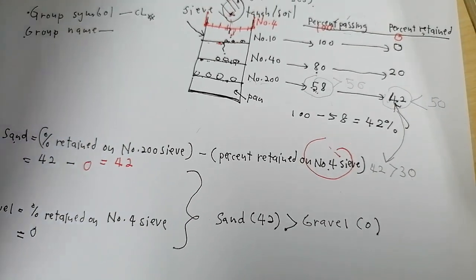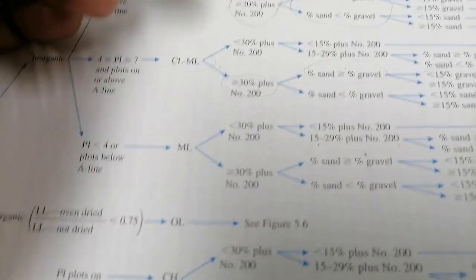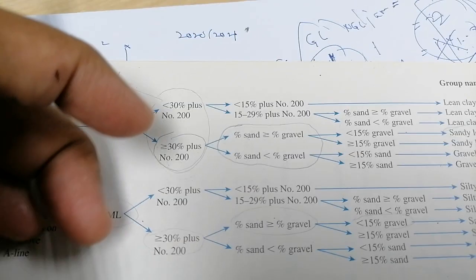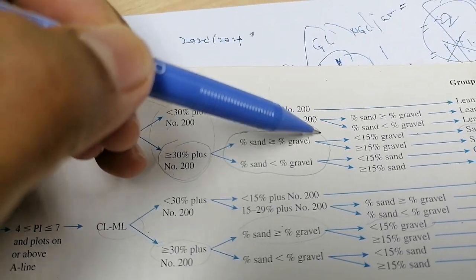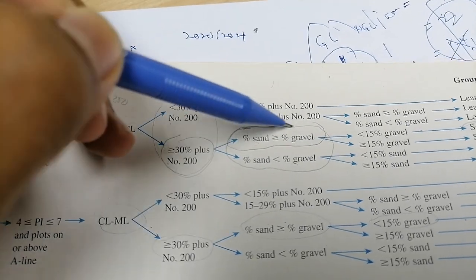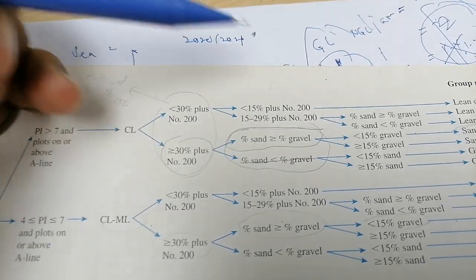Okay, so when we go back to figure 5.5, just now, so we are here, isn't it? We are here. Okay, so we're not here.